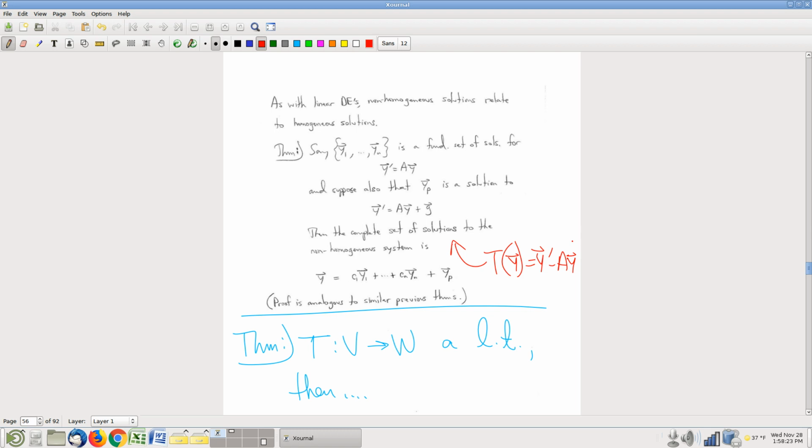So just confirm that this is a linear transformation. By the way, we already did that last time. That's a linear transformation. Previous theorem says that particular plus homogeneous gives us the complete set. How we doing? Everybody on board with that?